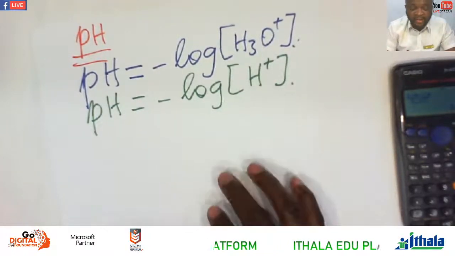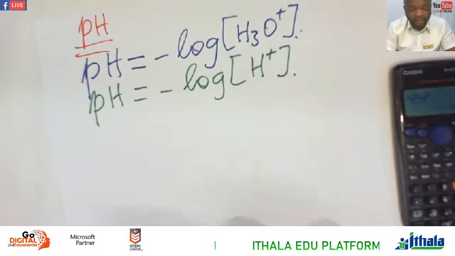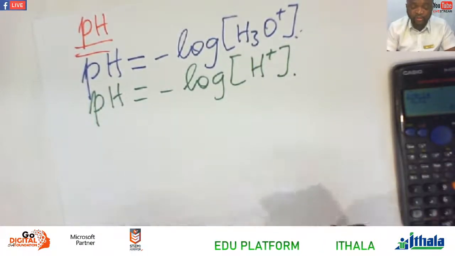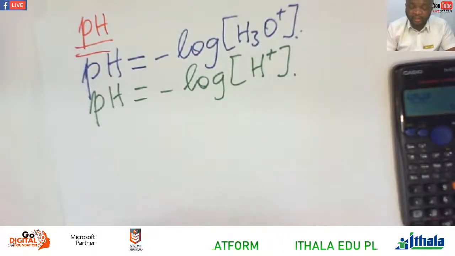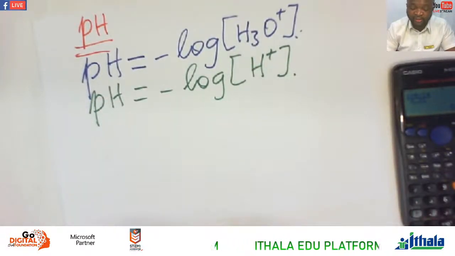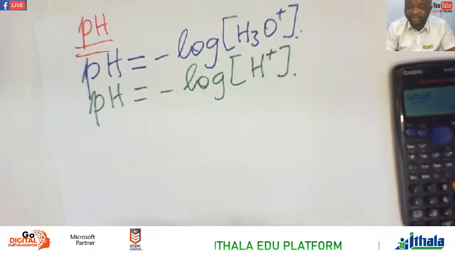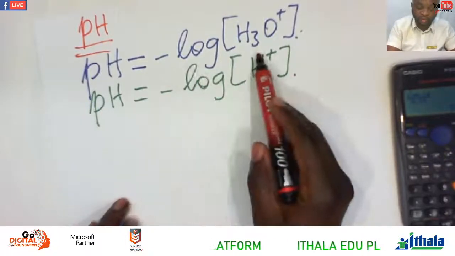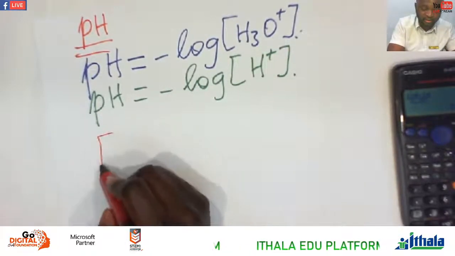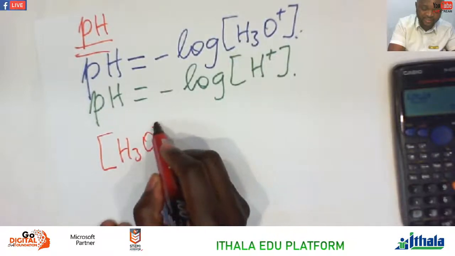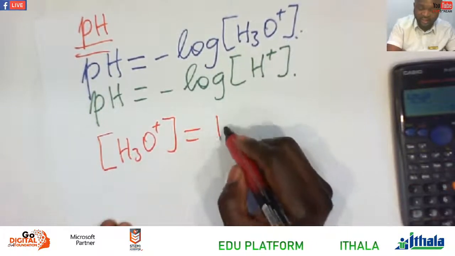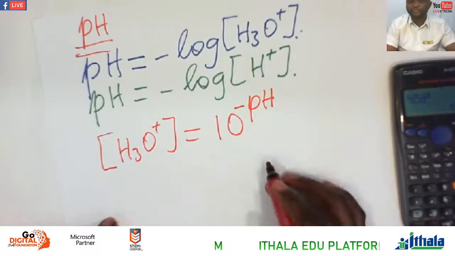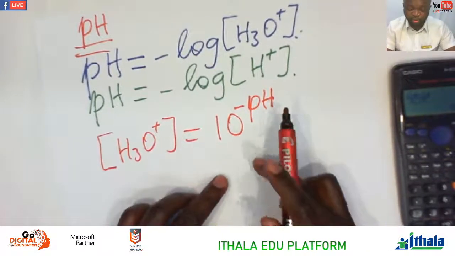Right. The other thing you need to know, in case we are given the pH and asked to calculate the concentration of H3O plus or the concentration of OH minus, something like that, the formula you will use is the anti-log. So the anti-log: we calculate that H3O plus is equal to 10 to the power minus pH.